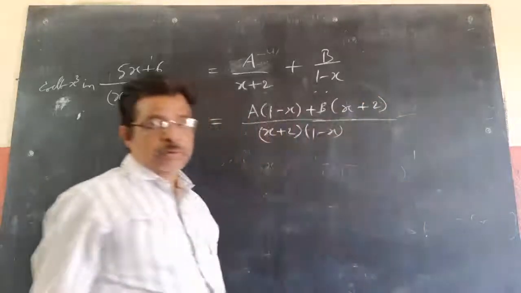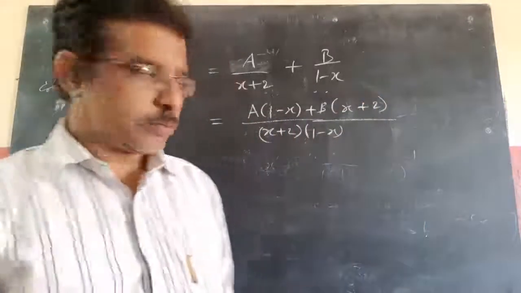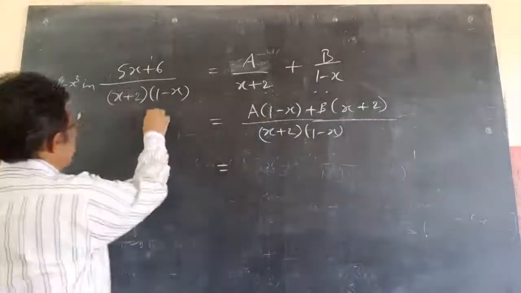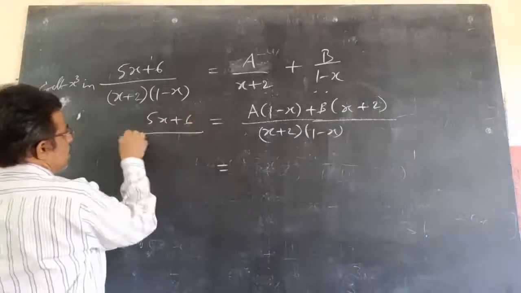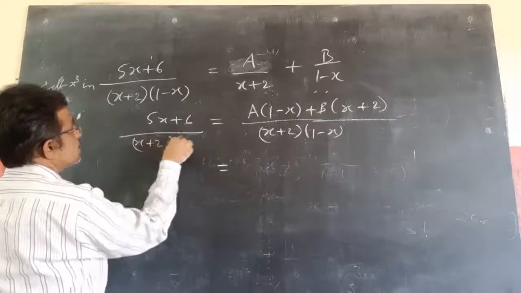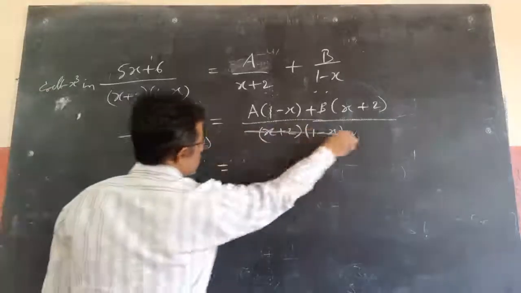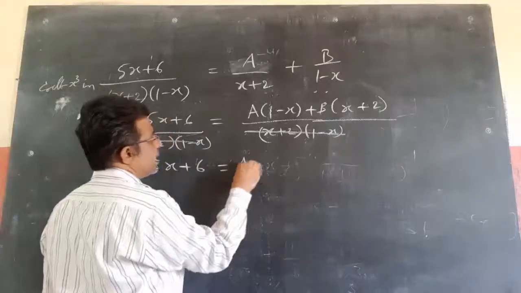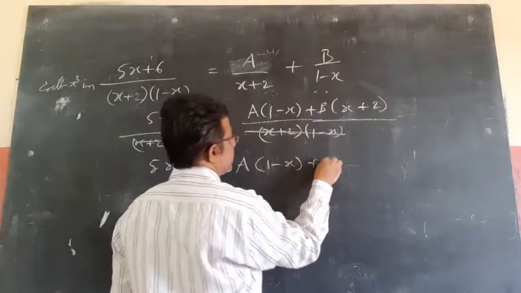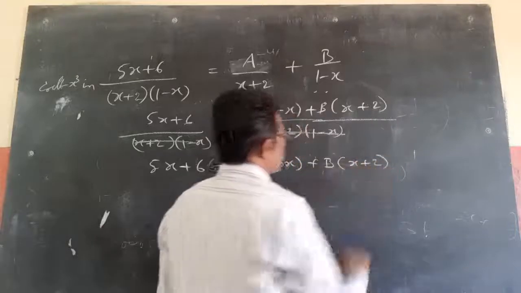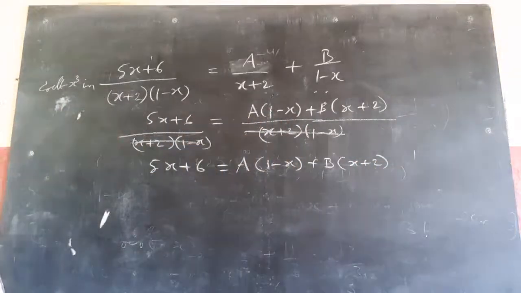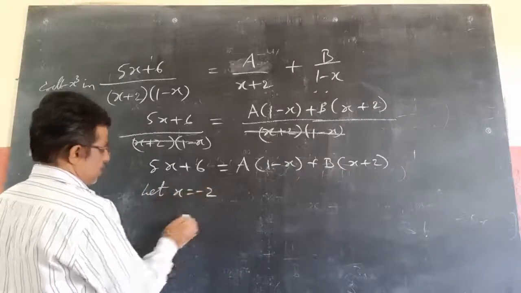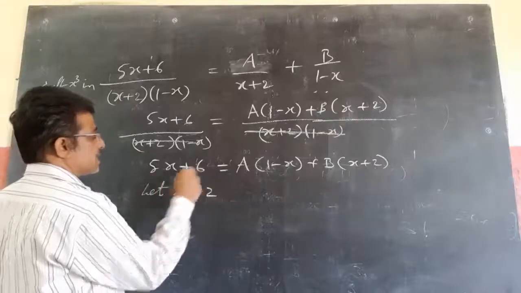On this side I have 5x plus 6 by (x plus 2)(1 minus x). So the denominators cancel and left out is 5x plus 6 equal to a into (1 minus x) plus b into (x plus 2). Now if I take x equal to 1 I will get b, and x equal to minus 2 I will get a. So x equal to minus 2 first. How do I get a? Minus 10 plus 6.